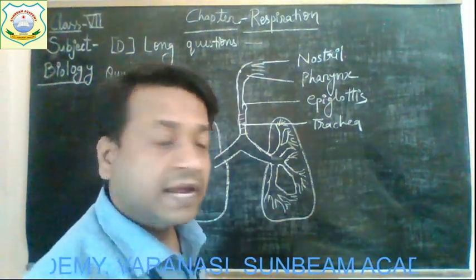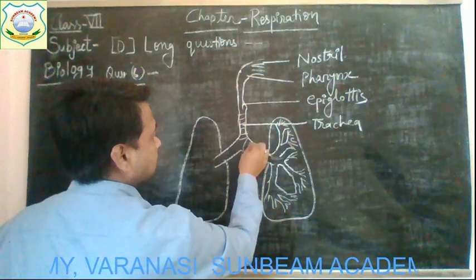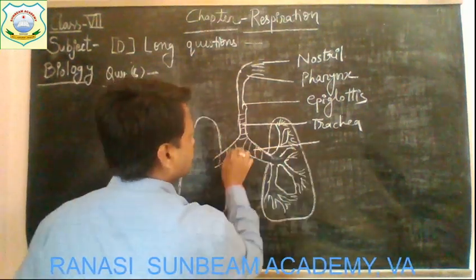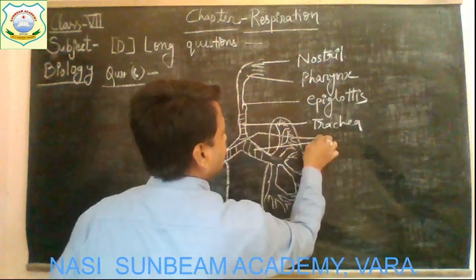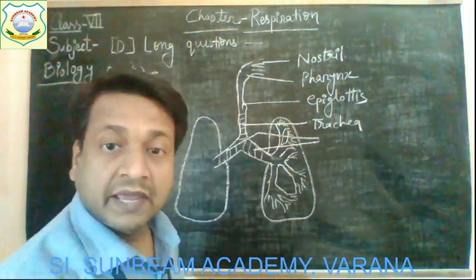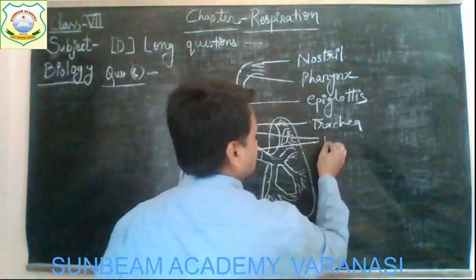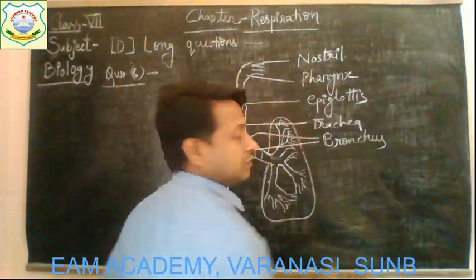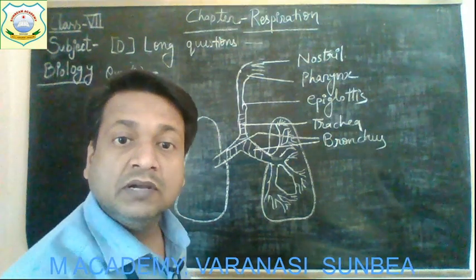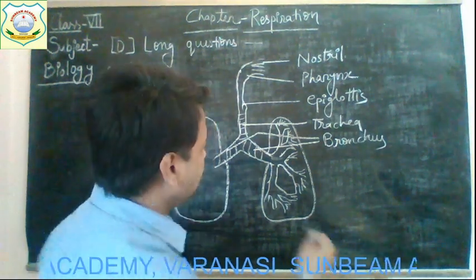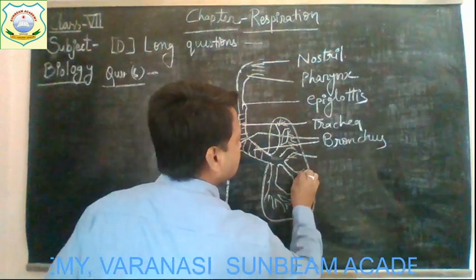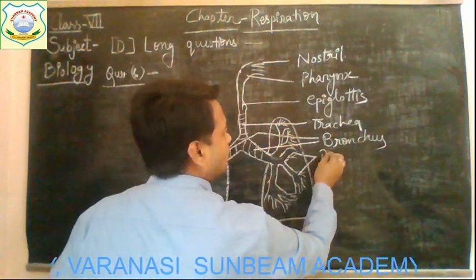The trachea gets divided into two branches, and these branches are called bronchi. Get it? The bronchi again get divided into many fine tubes, and these fine tubes are known as bronchioles.